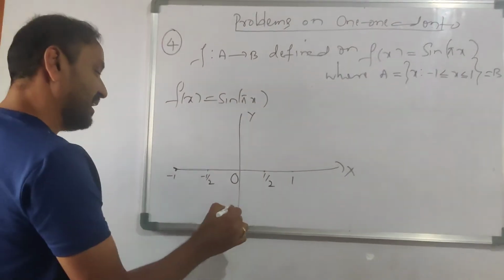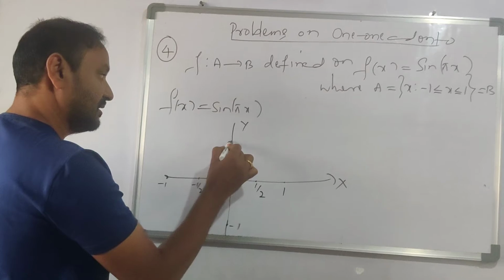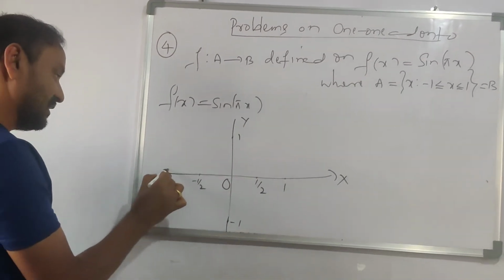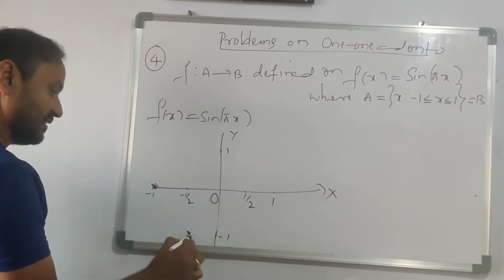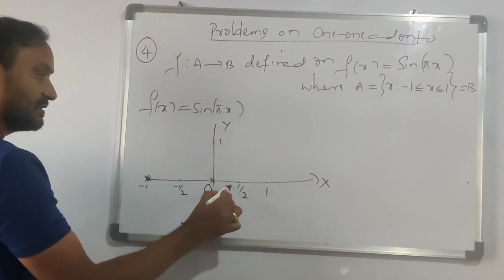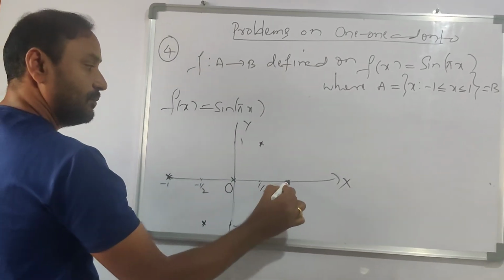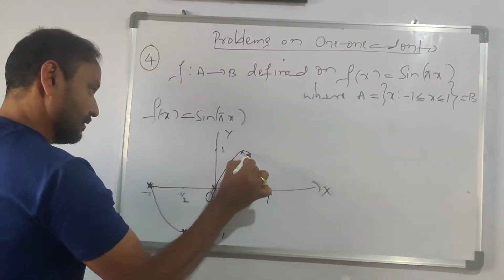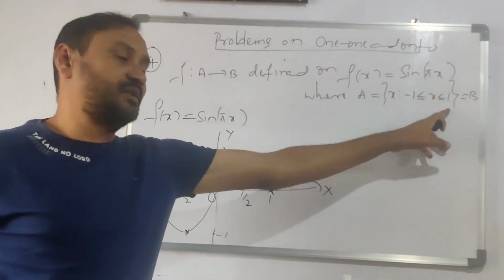So that's why we are getting the outcome values minus 1 and plus 1. So draw the graph. This is the graph of sin pi x between minus 1 to plus 1.